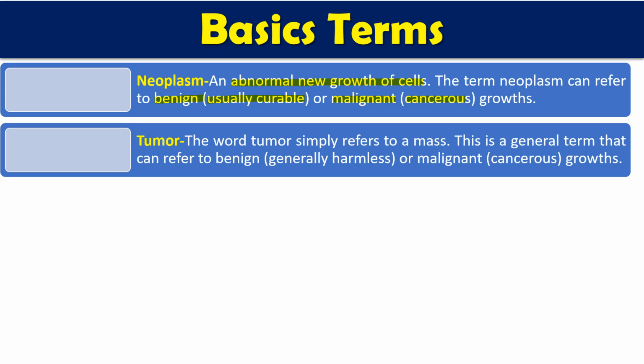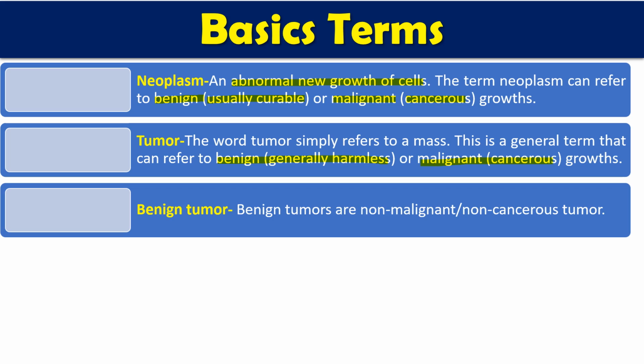Next term is tumor. The word tumor normally refers to a mass, a granuloma, a deposition of tissue. This is a general term that refers to benign, generally harmless or curable, or malignant, which is cancerous and detaches from the original place and spreads throughout the body. Benign tumors are normally non-malignant, curable, harmless, non-cancerous tumors.